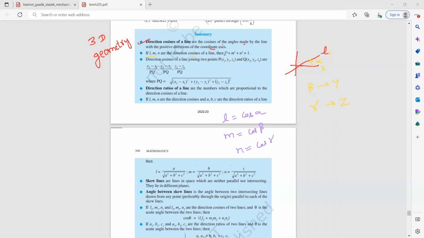And this property is always satisfied: l square plus m square plus n square is 1.